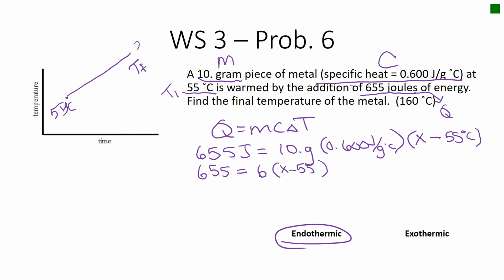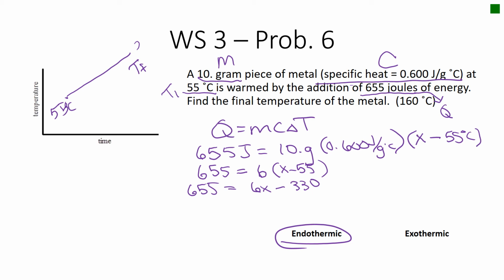Take your time and distribute. So I've got 655 equals 6x, and then it's going to be 6 times 55. You could have divided by 6 also if you would like to do it that way. That's totally fine. And then that's minus 330. You will end up getting the same answer. So now I'm going to add 330 to both sides.